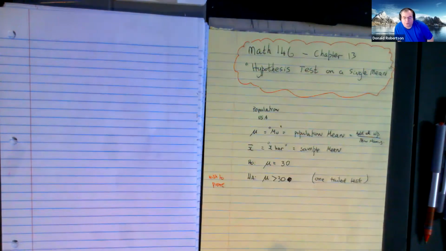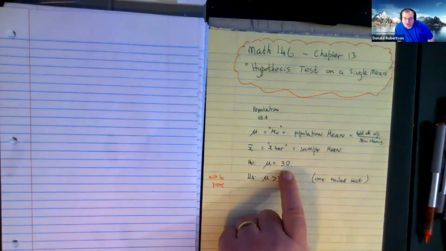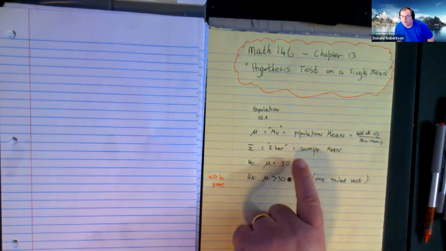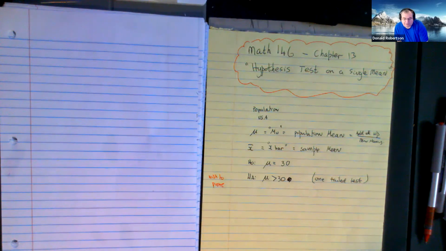Now, do you notice that when we did proportions, it was P equals 0.12 and P was greater than 0.12. So based on what I saw in the test, a lot of you were not realizing that P is a proportion, right? A decimal has to be less than 1.